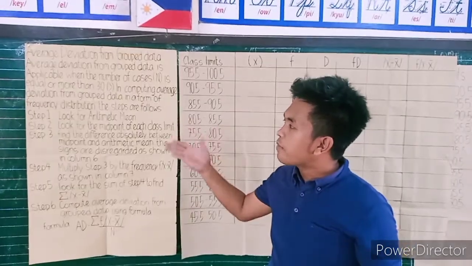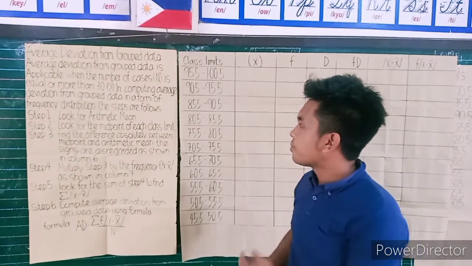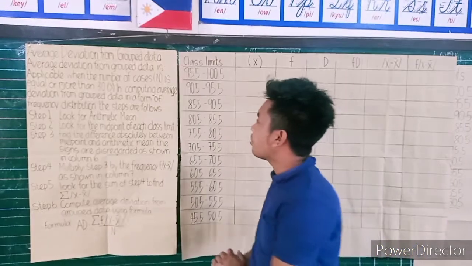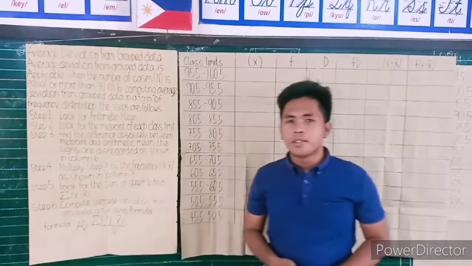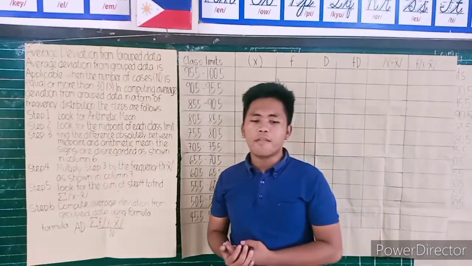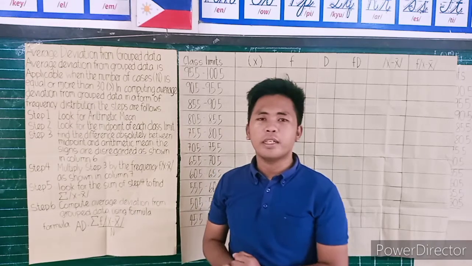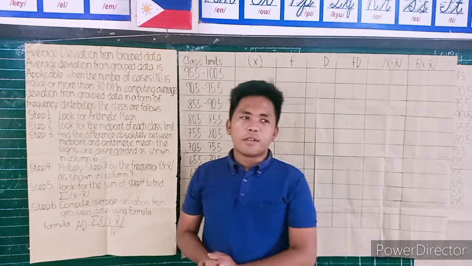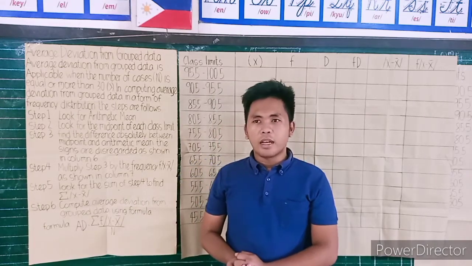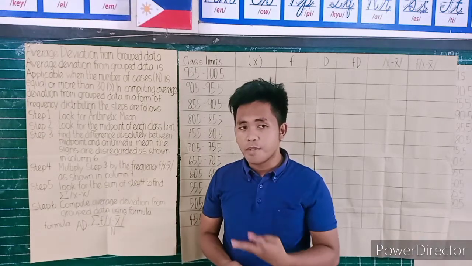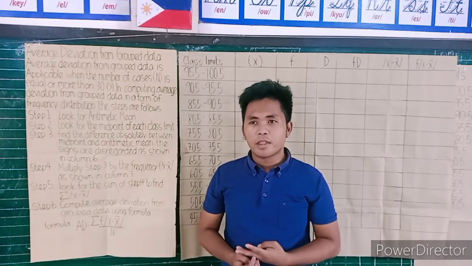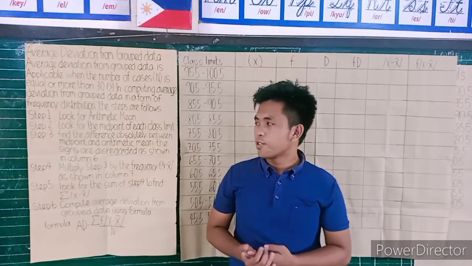In computing average deviation from group data, in the form of a frequency distribution, there are steps that we need to follow in order to get the average deviation. So what are those steps?